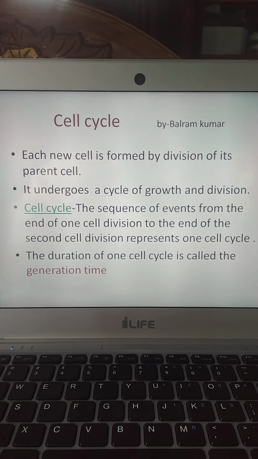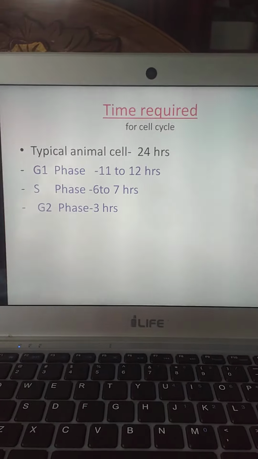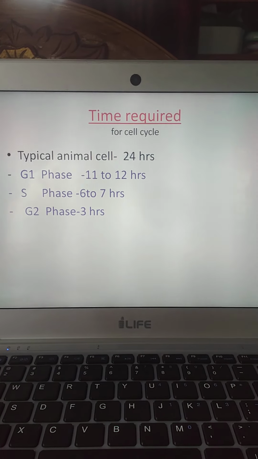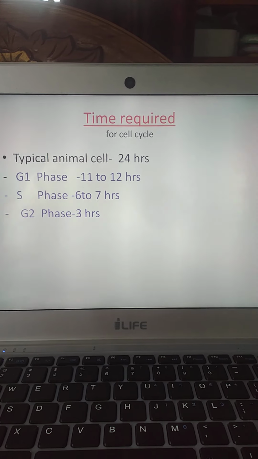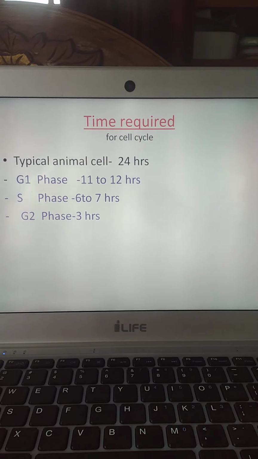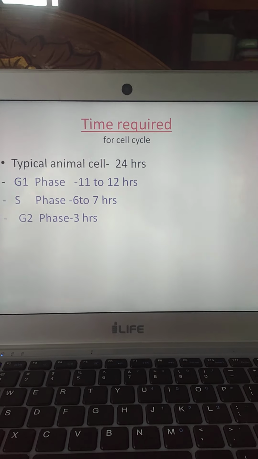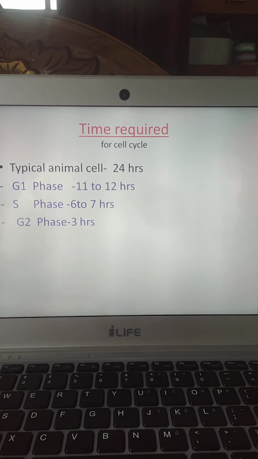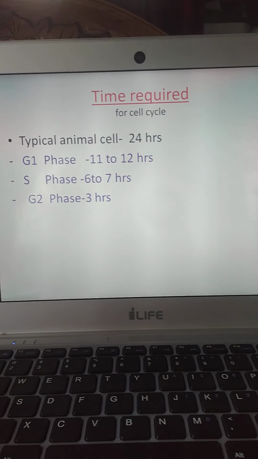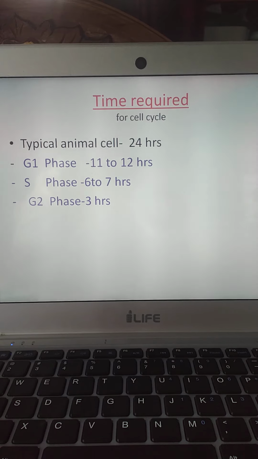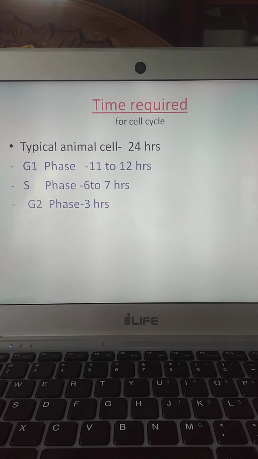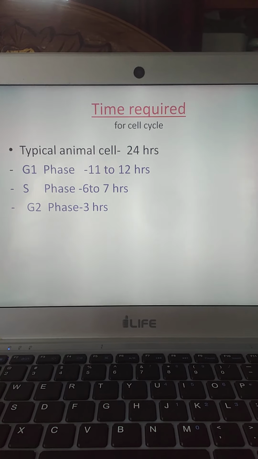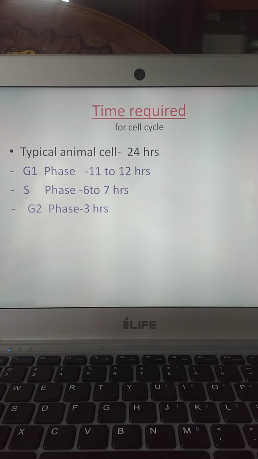So, next thing, what is the time required for the cell cycle? Different times are required for different types of cells, but a typical animal cell requires 24 hours, and in that also we have the G1 phase, which is for 11 to 12 hours.